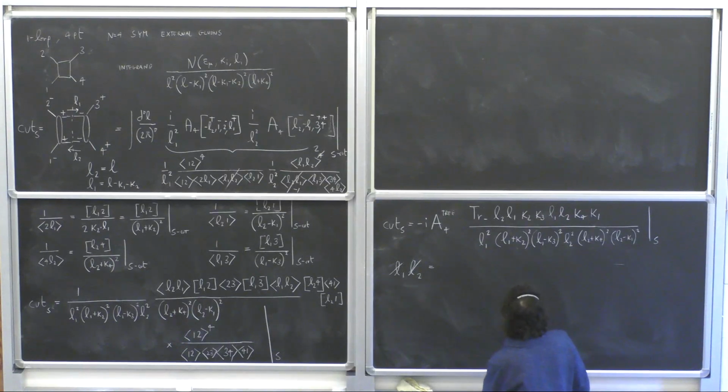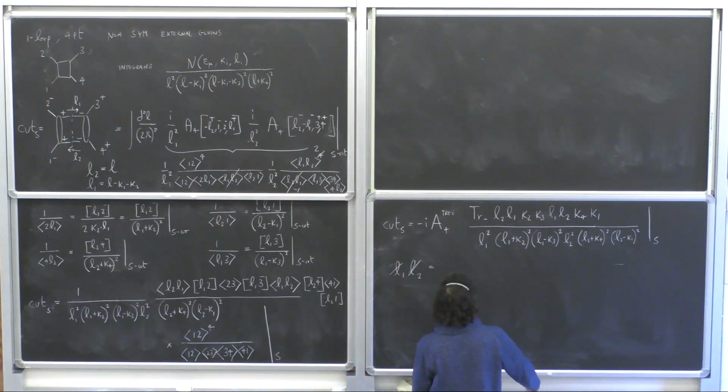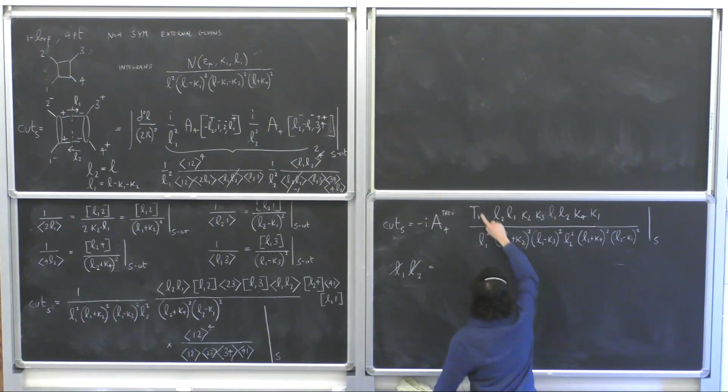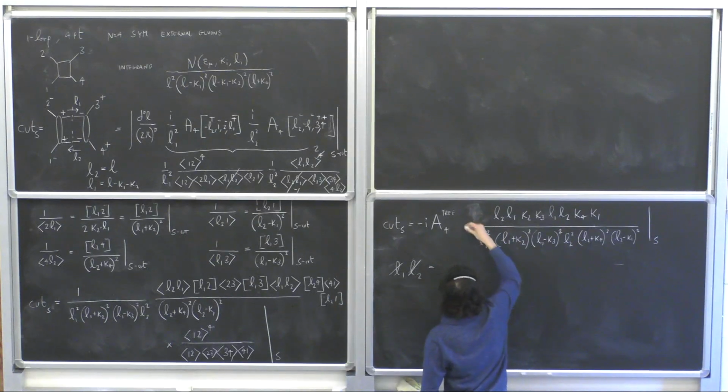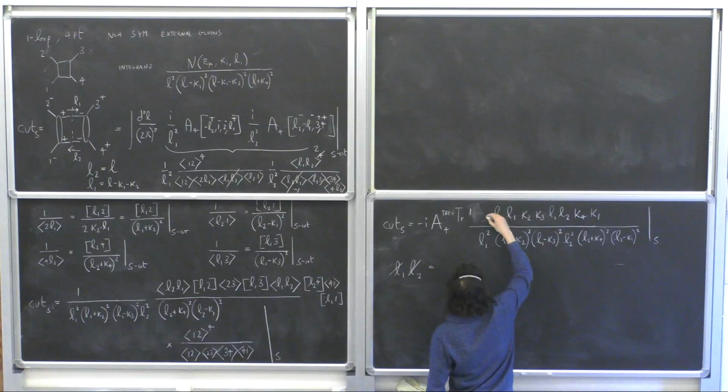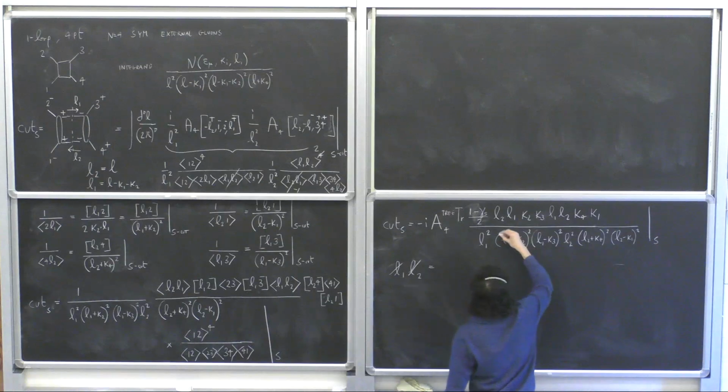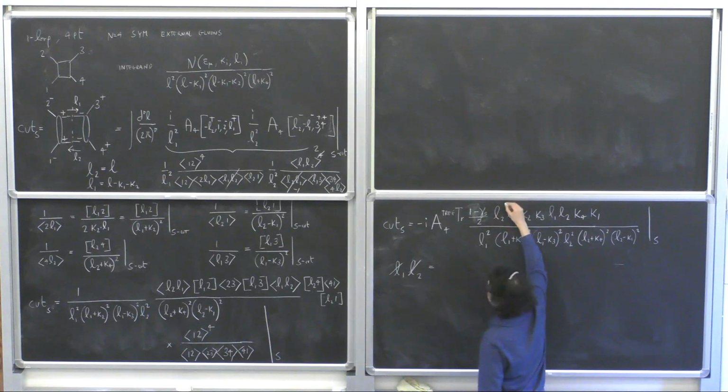Okay, so what I mean is that there's a projector here. So let me be a little bit more explicit about this. So a minus projector. What is a minus projector? This is 1 minus gamma 5 divided by 2. And then these are all contracted by gamma matrices.